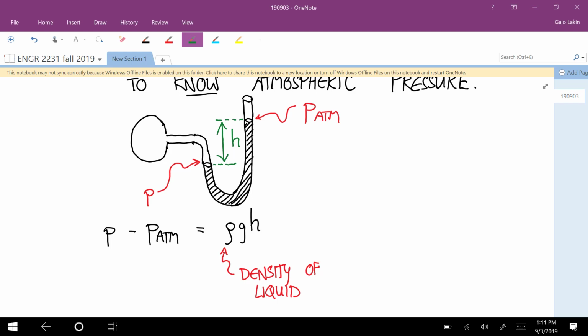Any questions about that? Yeah, it doesn't really matter. It needs to go down and then go back up, that's all. And we're assuming that the density of air at atmospheric pressure is around 1 kilogram per cubic meter.